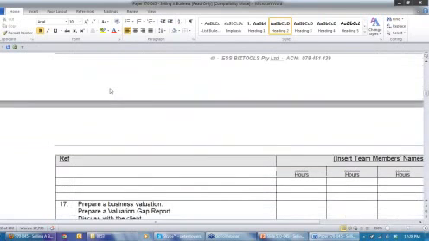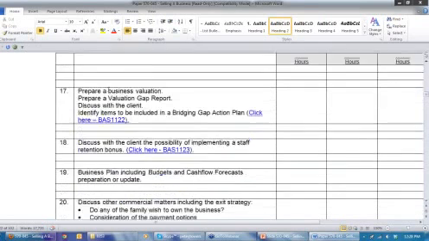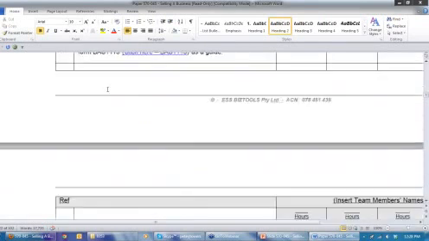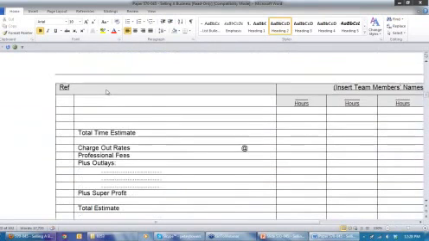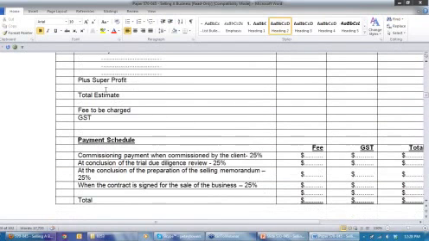Now, these quotations for this type of activity can be quite complicated because it can be a fairly long-term project. So you need to make sure that you incorporate appropriate milestone payments so that you have a payment schedule over a period of time. Or perhaps you break down the assignment into separate agreements with the client.